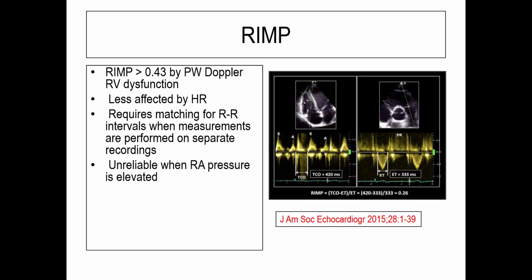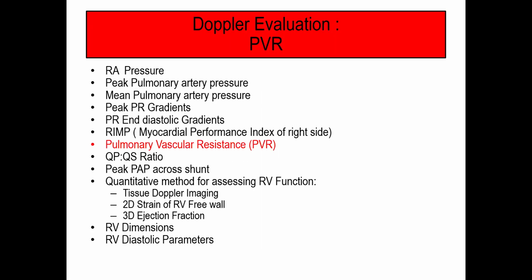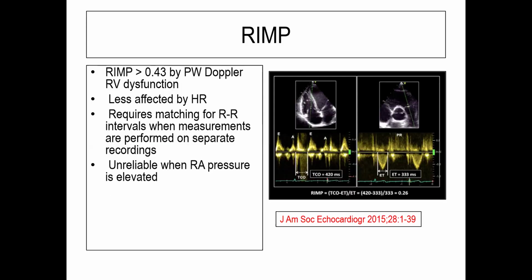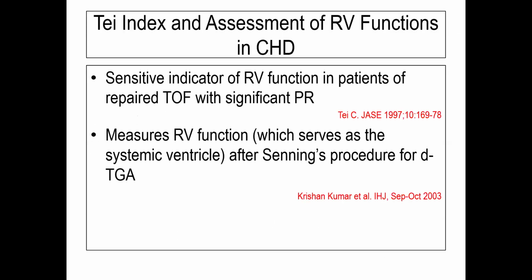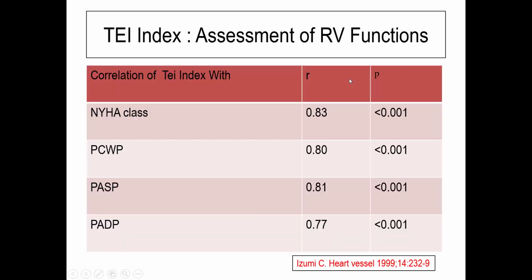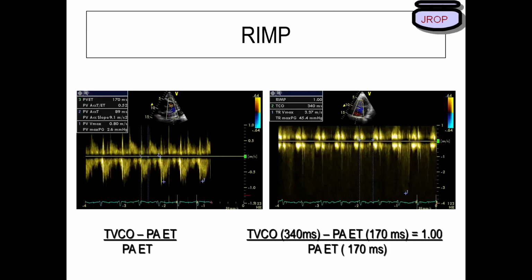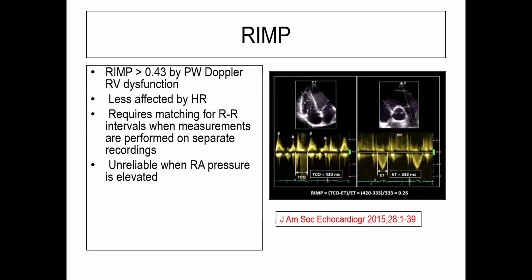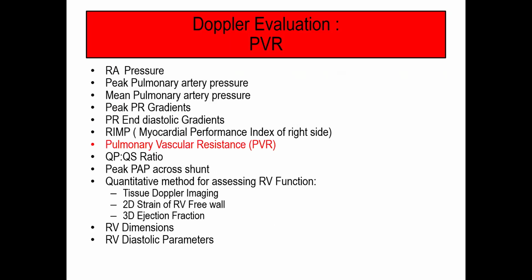This right-sided myocardial performance index is a very simple formula: look at the tricuspid valve closing and tricuspid valve opening time, and don't look at the mitral valve. Divide by the pulmonary ejection time in the RVOT, and A minus B divided by B will give you the myocardial performance index of the right side. Normal is 0.4. Anything more than 0.4 is abnormal.